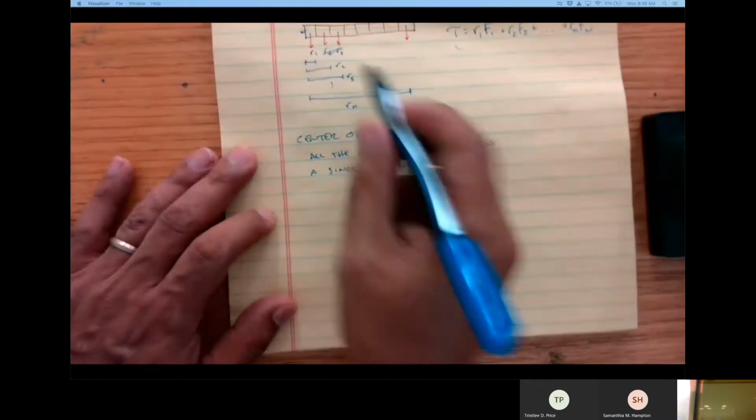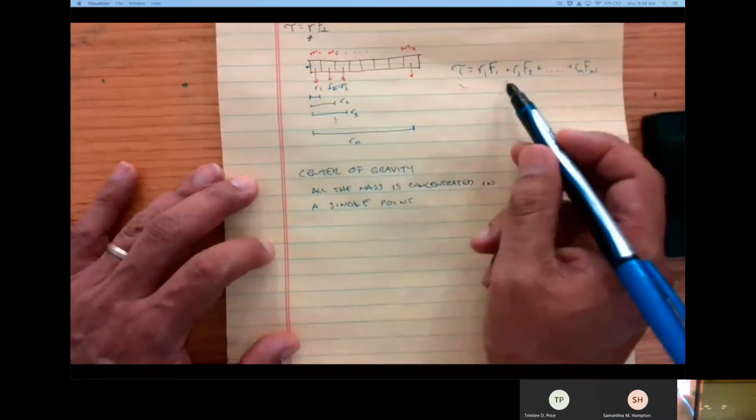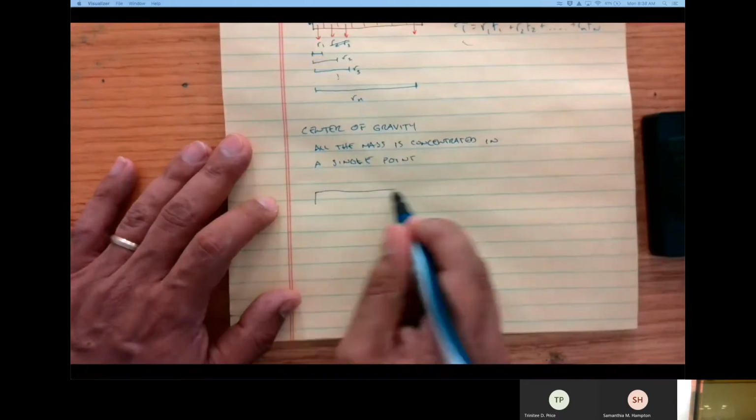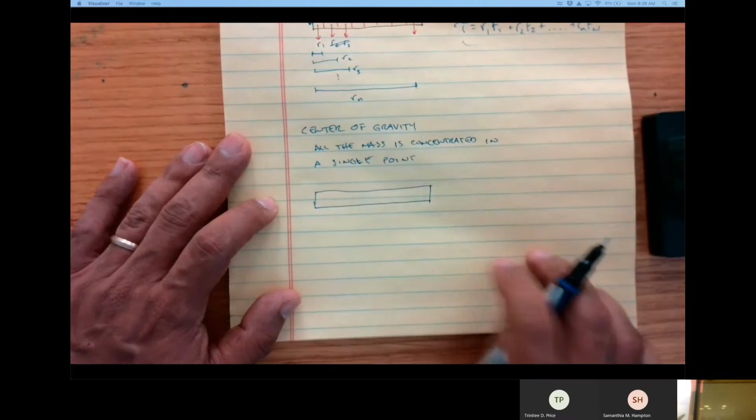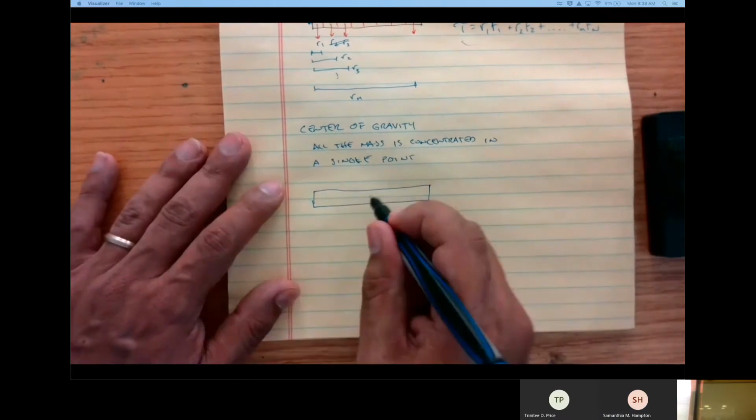So instead of calculating all these n number of torques, all these many torques, what I'm going to say is, okay, my arm has a mass m, and that mass is going to be concentrated in a single point.